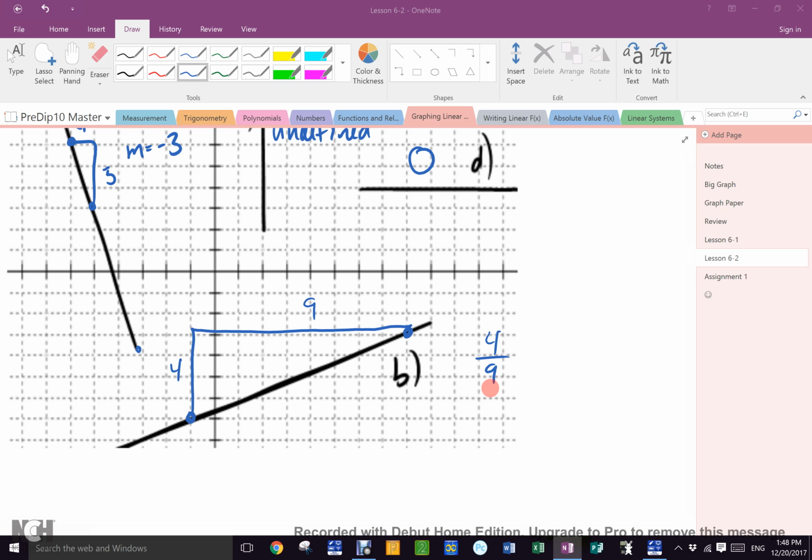Now, let me ask you this. You do this one, and you tell me the slope is 1/2. Have you shown me that you understand the concept of slope? Wait, have we done a bigger one? Yeah. You've shown me that it's rise over run. Excellent.